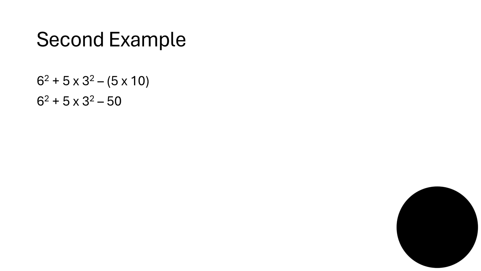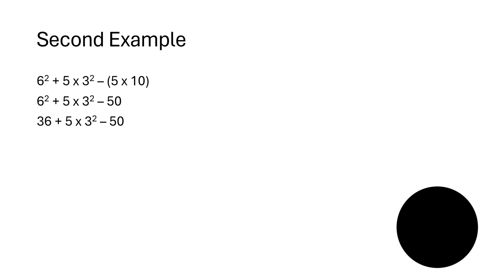So what we have so far is 6 squared plus 5 times 3 squared minus 50. I'm sorry, we already did the parentheses. We do the exponent. And so 6 squared is 36, then plus 5 times 3 squared minus 50.